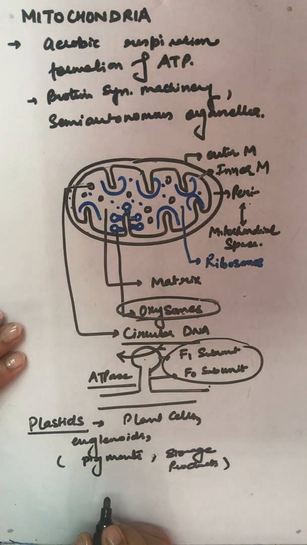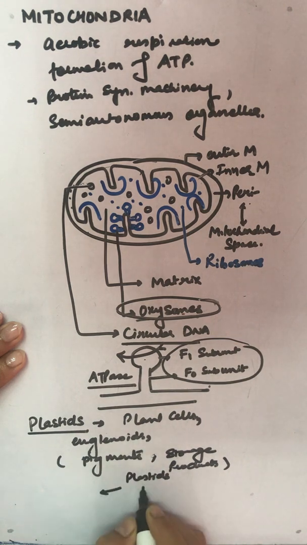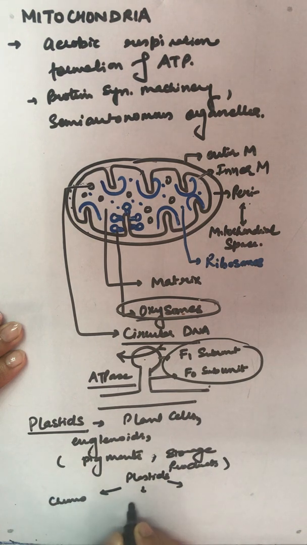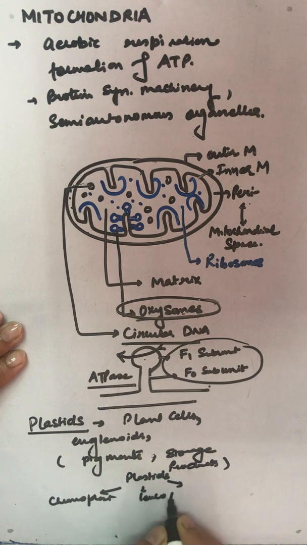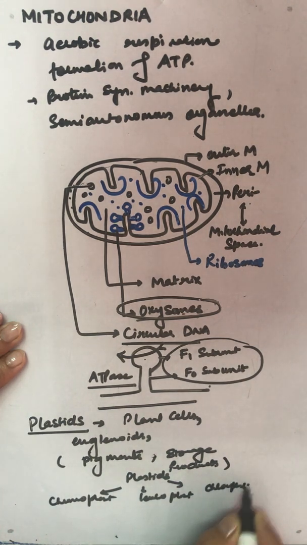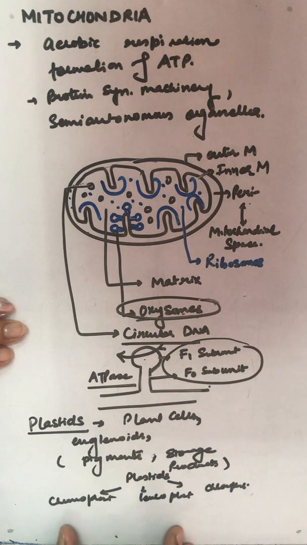There are three types of plastids which are commonly found. These are chromoplast, leucoplast and chloroplast. It depends on their color and function what kind of plastid it would be.